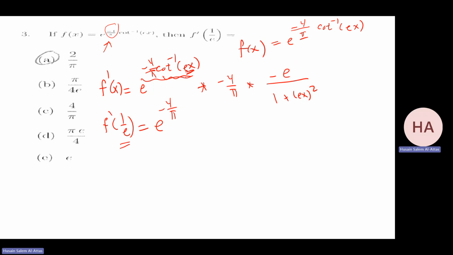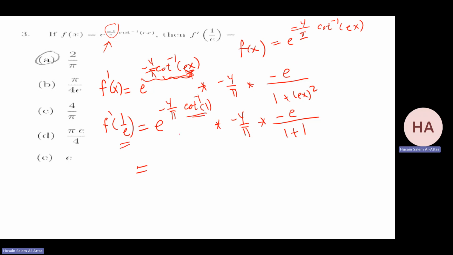Cotan inverse, substitute 1 over e here. I have cotan inverse of 1 times minus 4 over pi times minus e over 1 plus 1. Yes, I think that's correct.